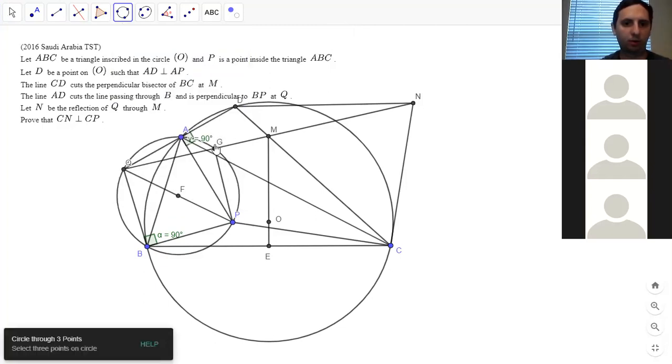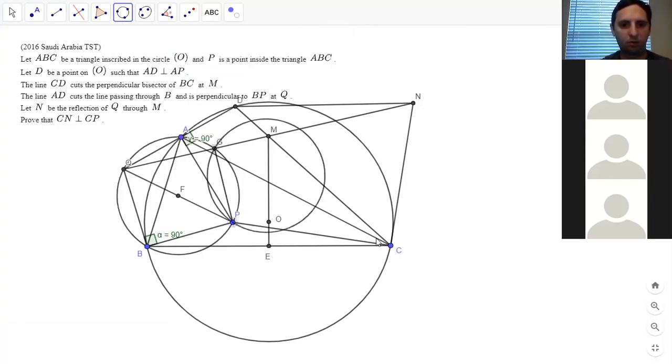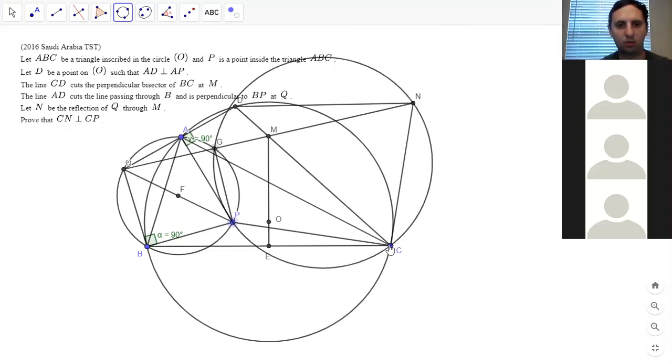I don't think we saw one. Doesn't look like it.